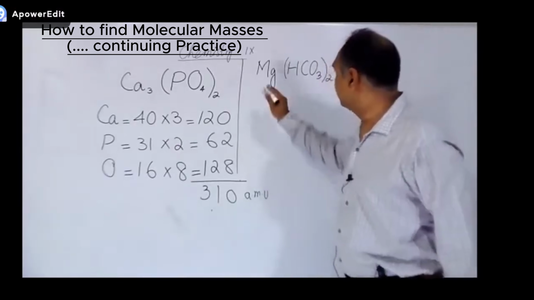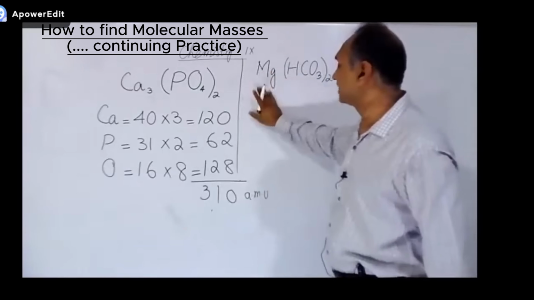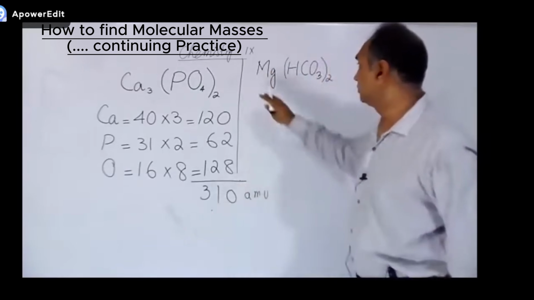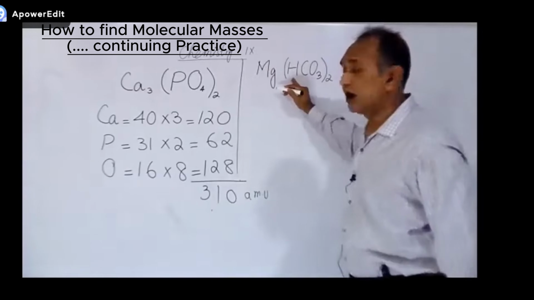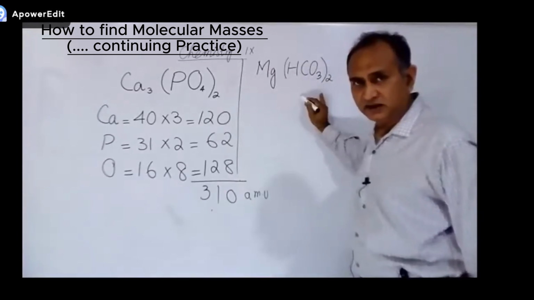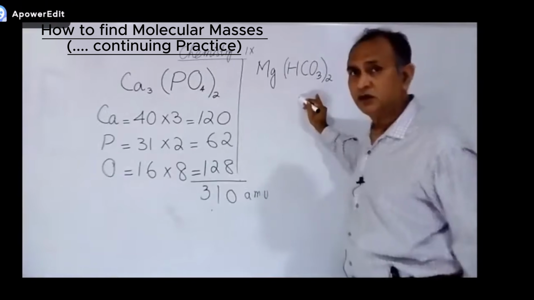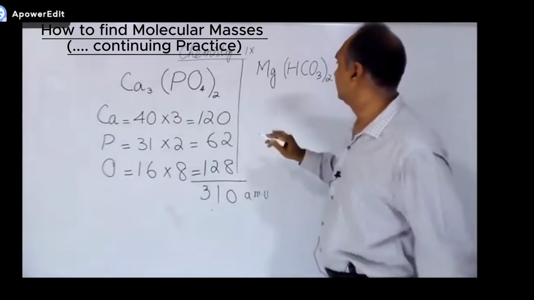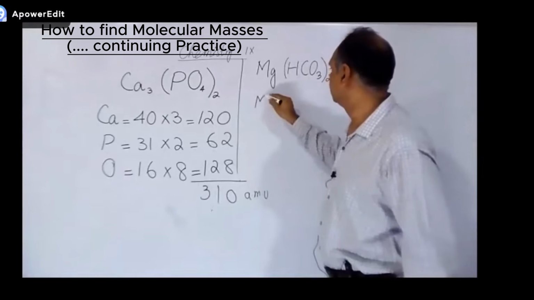So the atomic masses of magnesium 24, hydrogen 1, carbon 12, oxygen 16. It will be given to you. All right. Let's start. Magnesium.